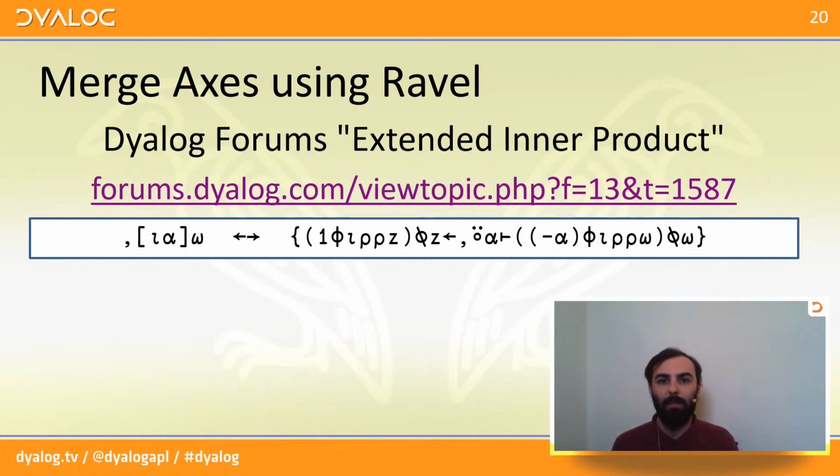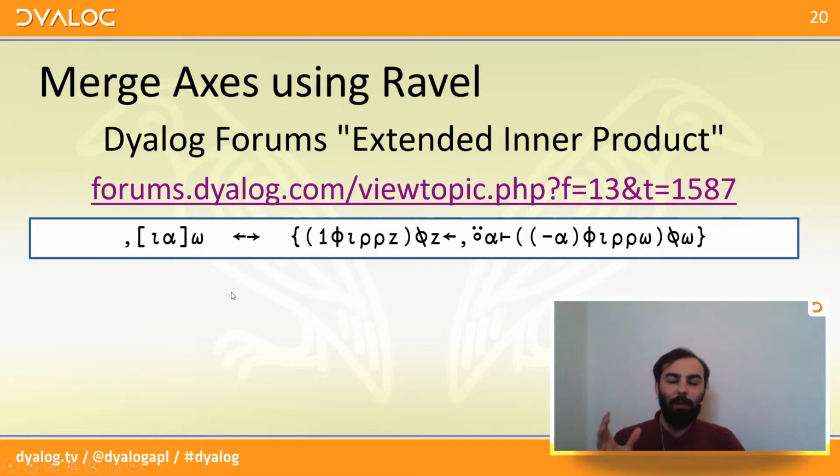This topic did come up in the Dyalog forums a while ago, and this expression also came out of it, although you'll notice that this expression only covers basically a third of the functionality of Ravel with Axis, and that's consecutive leading axes.